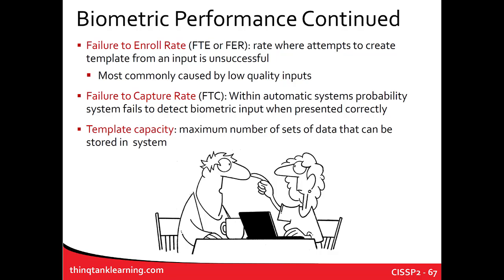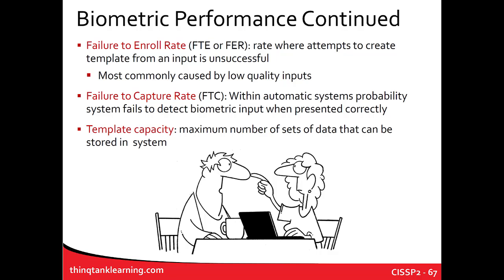Failure to capture rate, FTC. This measures how often a system fails to detect biometric input during the authentication process, not the enrollment process. This is pretty common in automatic systems like facial recognition, or if you're doing gait analysis. Maybe there's sensor misalignment, maybe there's some sort of environmental interference, maybe the user's not standing still, or there's some sort of obstruction.